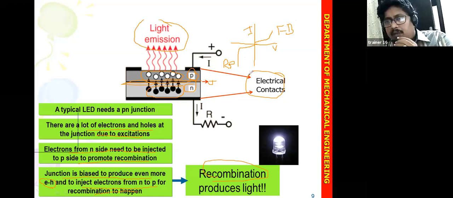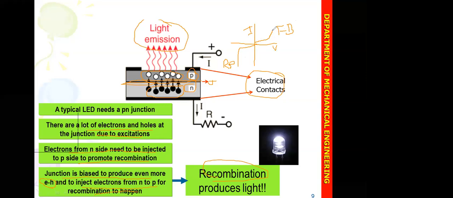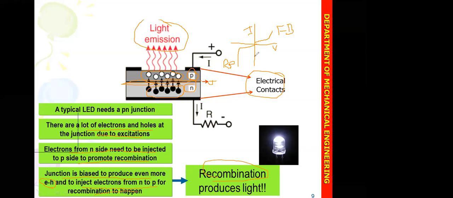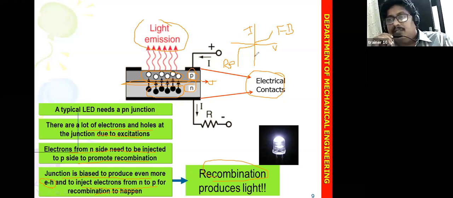What I am saying is, in the PN junction diode, forward bias, the majority carriers are electrons. Electrons means current, so the current increases. But in the reverse bias, this is the negative voltage and this is the negative current. That means the negative current developed is very less, in terms of milliamperes and microamperes.